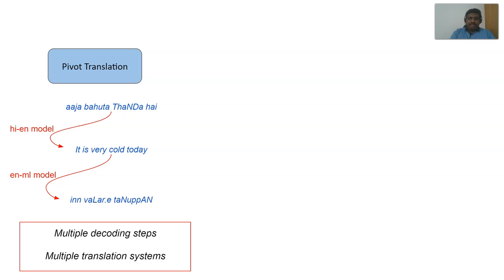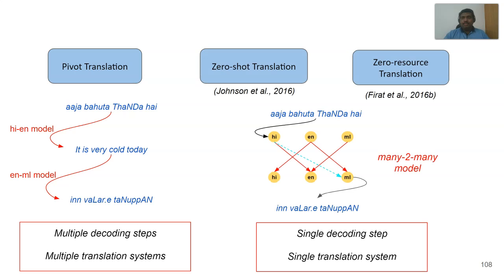On the other hand, with multilingual NMT, we have this opportunity of doing zero-shot translation. That is, without seeing a single example between the two languages Hindi and Malayalam, which by the way are both languages in the Indian subcontinent, we can directly translate between these languages.